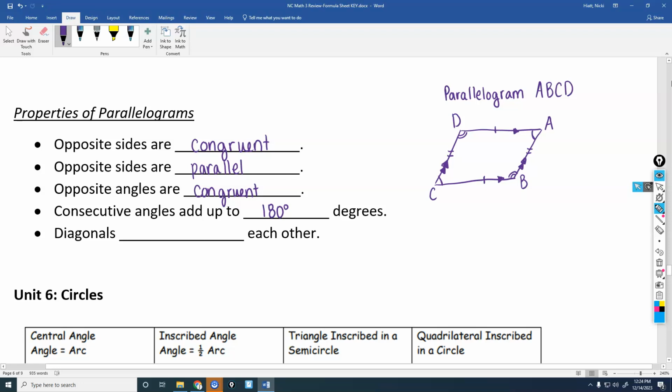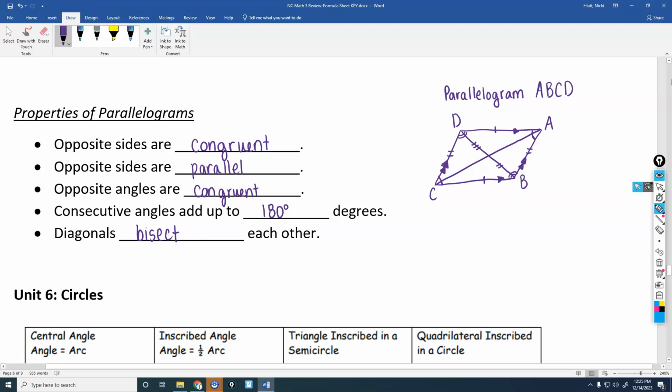And the last thing here is that diagonals bisect each other. Okay, so it does not mean that diagonals are equal to each other, because AC is a lot longer than BD. It means that they cut each other in half. So like this little piece is congruent to this piece.